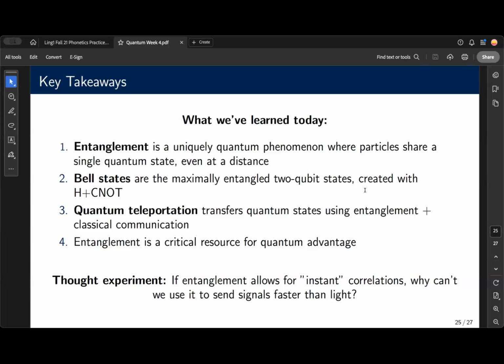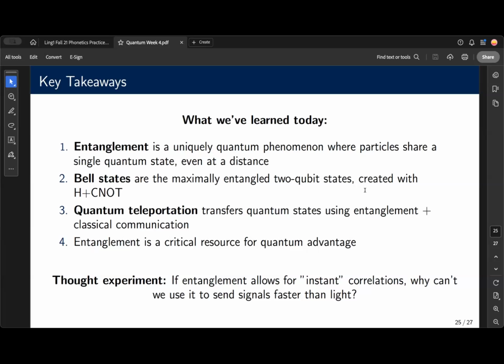So if you want to do something that is really related to the current use of quantum technology, it can be a good choice. So this shows how entanglement is useful in a particular specific setting. And thus that brings home the point that entanglement is a critical resource for quantum advantage.